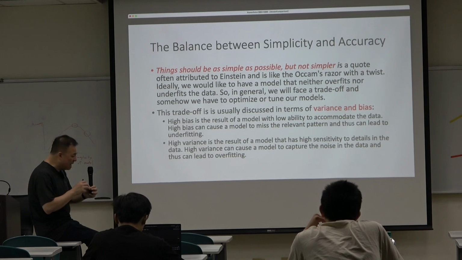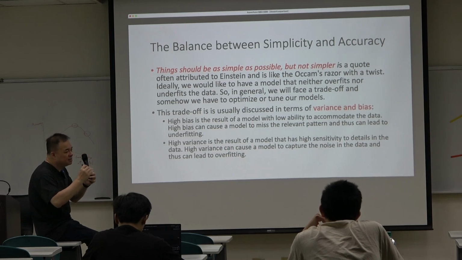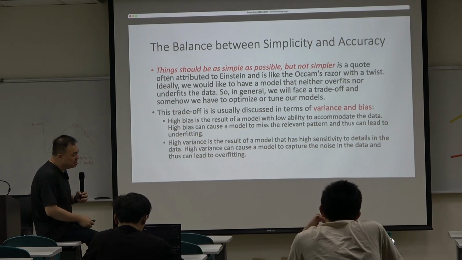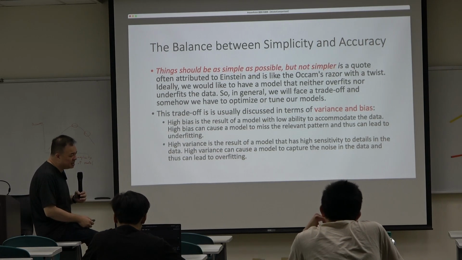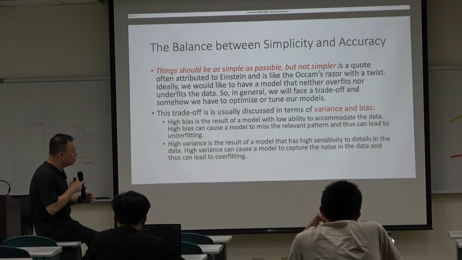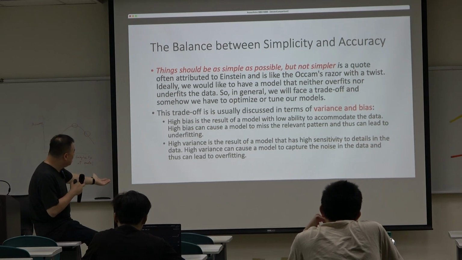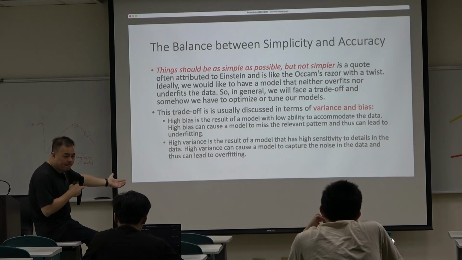But when you have a high variance, the model may be too accommodating, so that it can learn not only the signal but also the noise, which as a result will lead to overfitting.